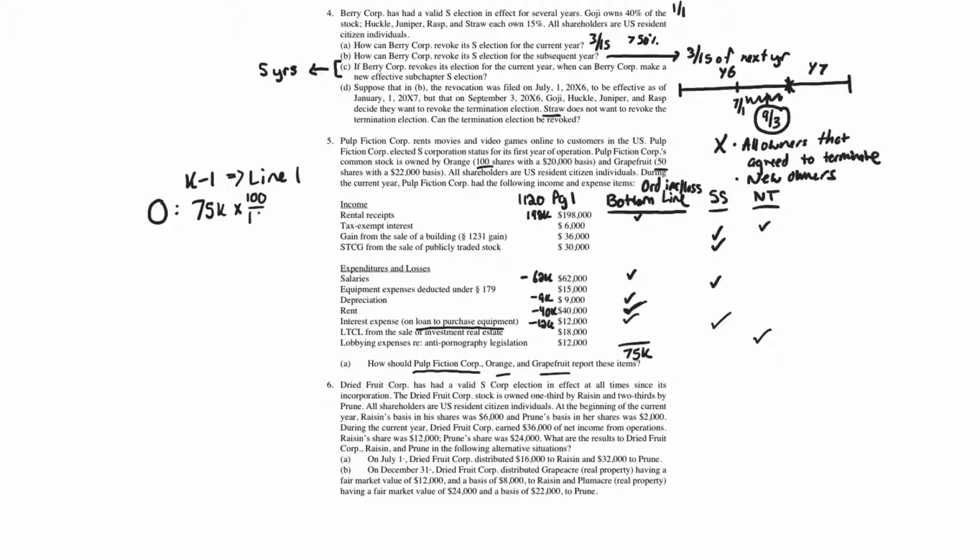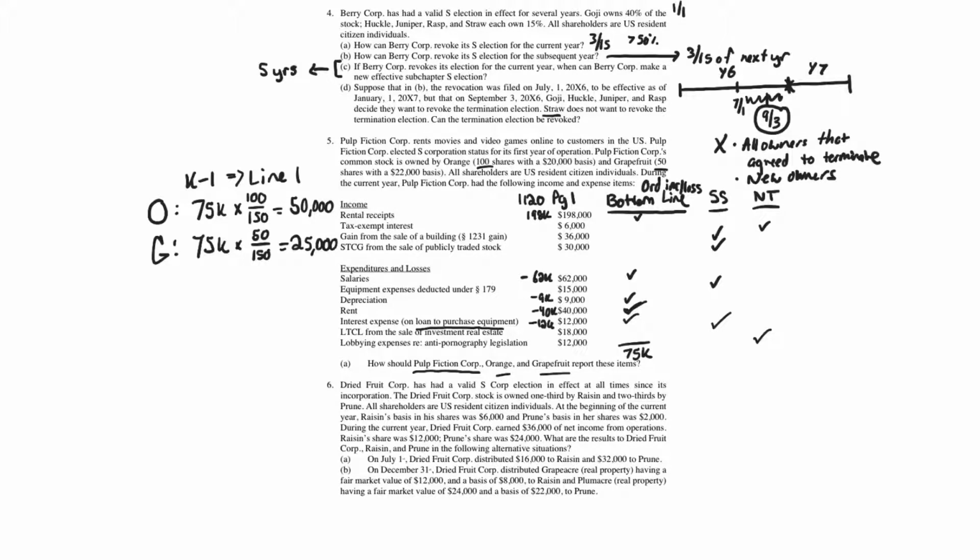That gives us $50,000. So Orange is going to report $50,000 on line 1, and for Grapefruit, we do the same calculation, $75,000, but now Grapefruit owns 50 over 150, and it's the other $25,000, and we report that on line 1.